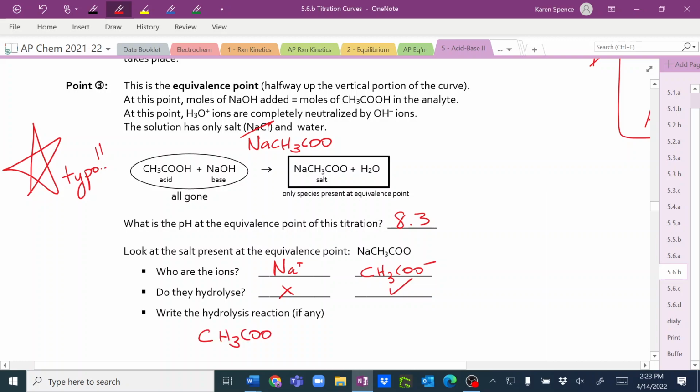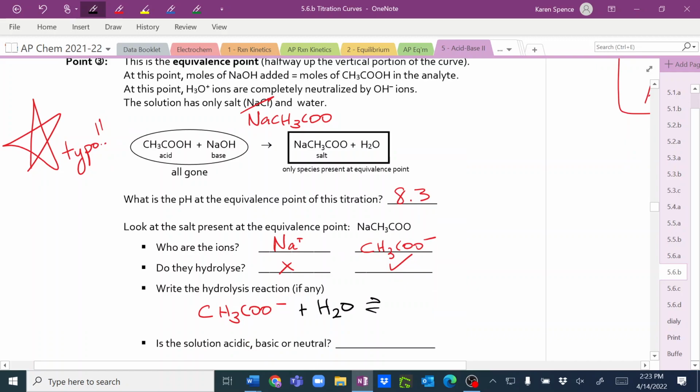CH3COO minus then reacts with the water. What do we get as our product? CH3COOH and H3O plus?